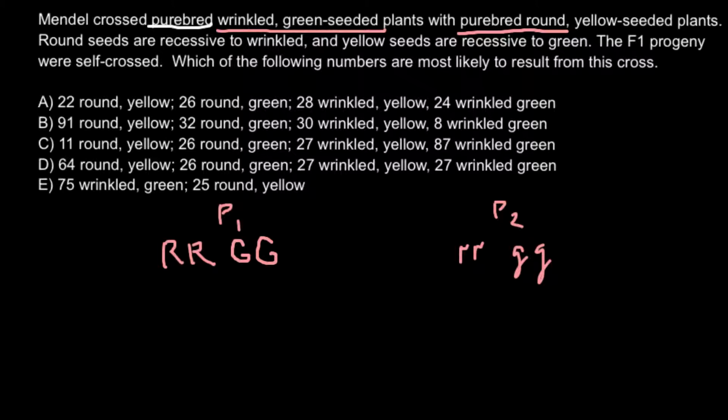So now we have the genotypes of the parents, and this is going to be the parental generation. This line stands for the generation of the parents and their genotypes. We have to cross them in order to get the F1 generation, or filial 1 generation. As you see, for the first gene, parent 1 can only produce one type of allele, that is capital R, and parent 2 can only produce small r alleles.